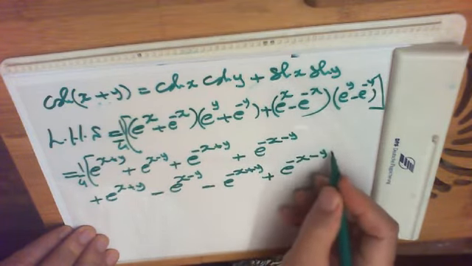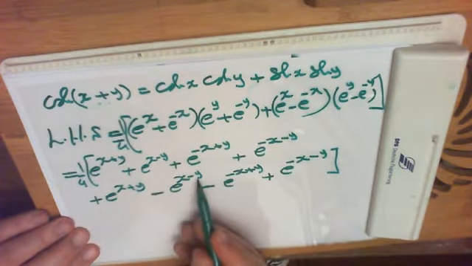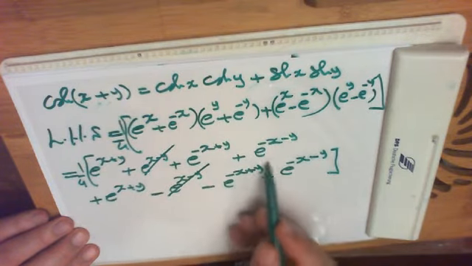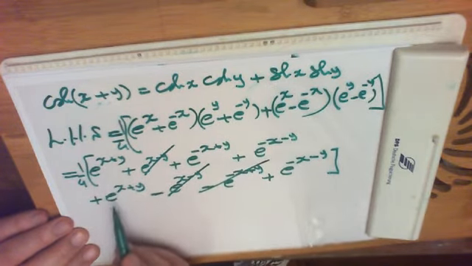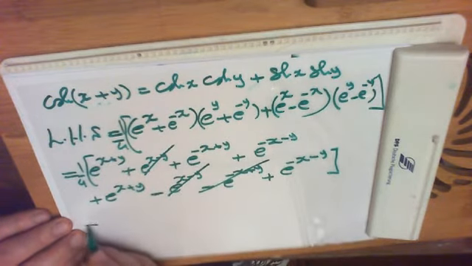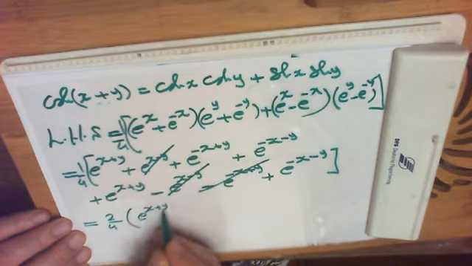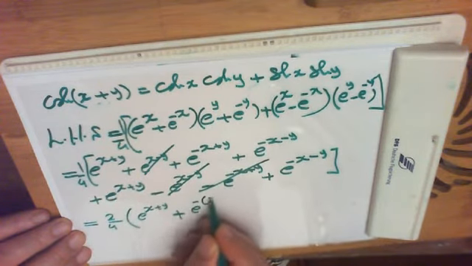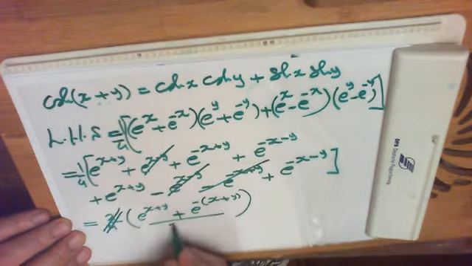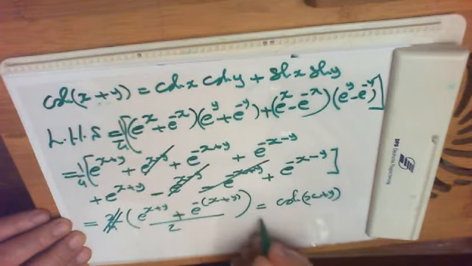Again, e to x minus y cancels e to x minus y, e to minus x plus y cancels e to minus x plus y. This with this together twice, this with this together twice, so we have twice divided by 4 times e to x plus y plus e to minus x minus y. This is half the definition of cosh(x plus y), which is the left hand side.